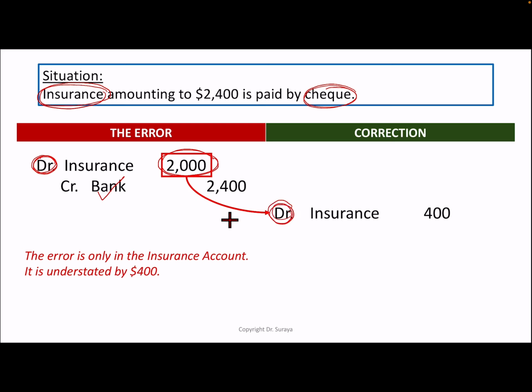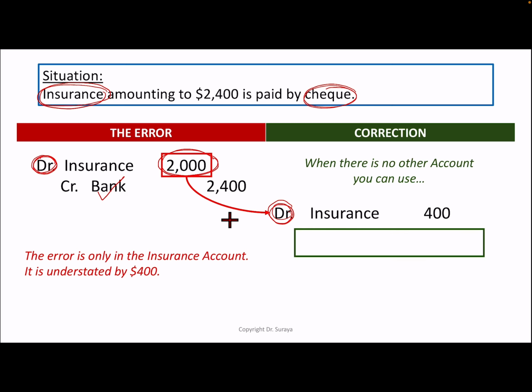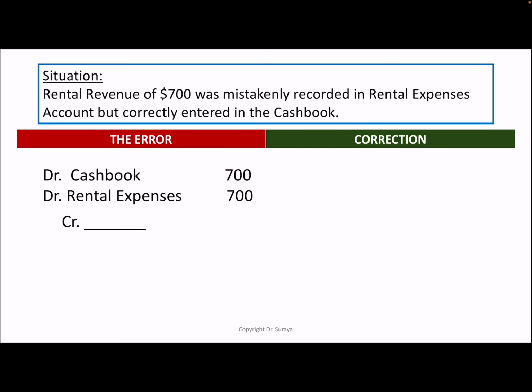So add the 400 there, and now you cannot use bank, otherwise the bank is going to be 2,800, and that is wrong. You can only use the Suspense account because there is no other account that you can use. So there you go, guys, using Suspense account just to balance your journal.